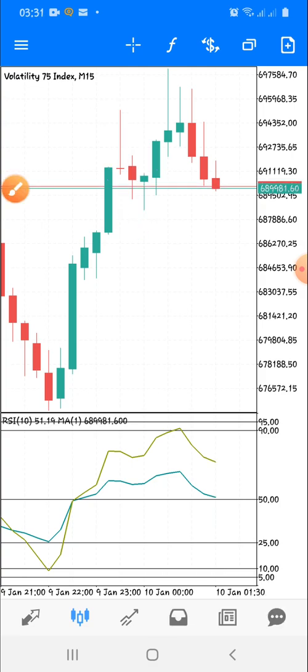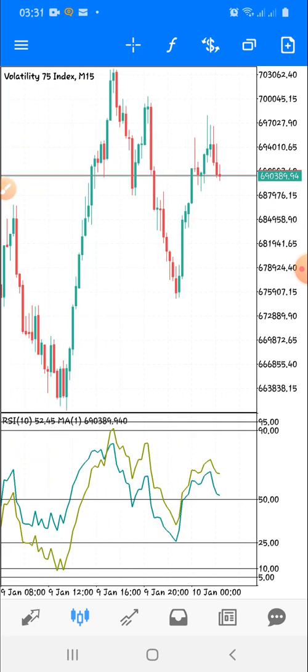You see that the patterns enable every trader to predict the current movement, and also the chart patterns are key in this type of trading.